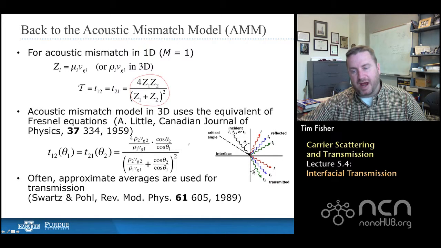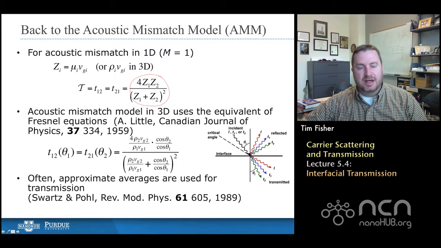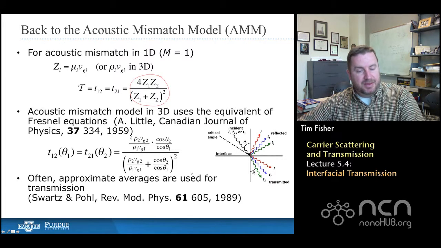There's essentially a refraction effect related to this density-velocity product, which is the acoustic impedance, very much like the index of refraction in light.